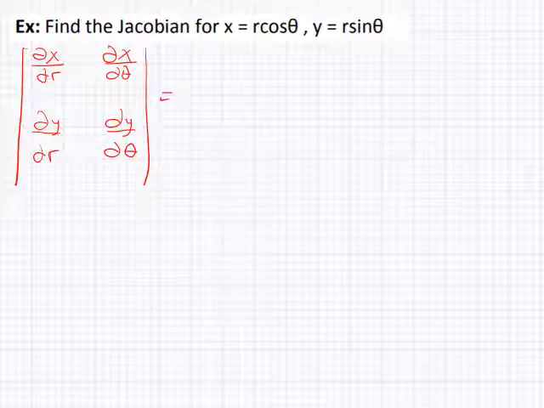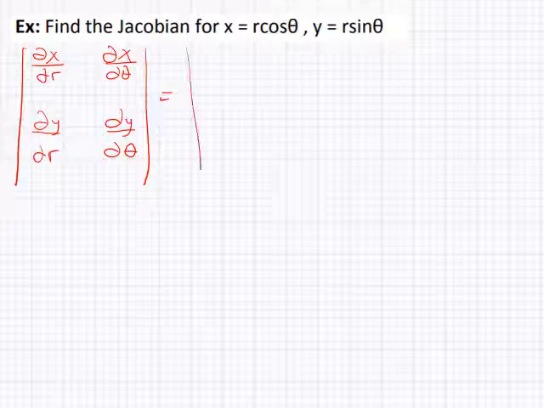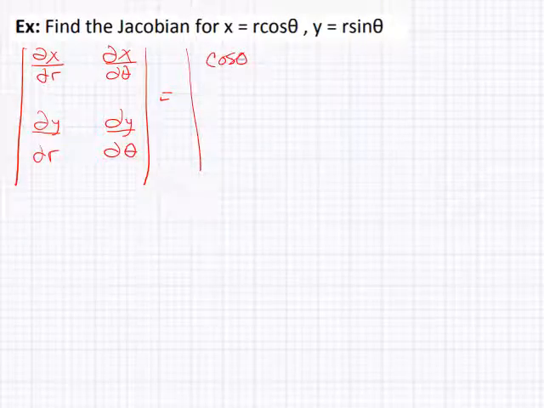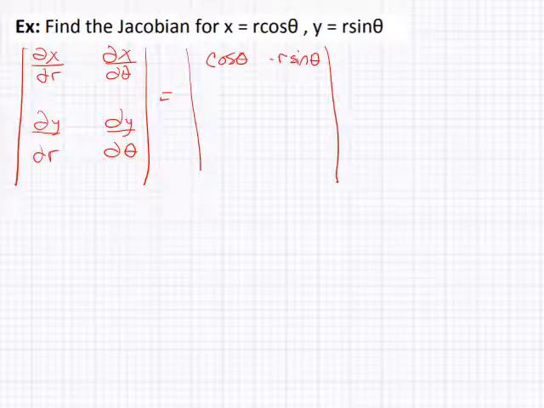And so what you end up with here is x with respect to r would be cosine theta. x with respect to theta would be minus r sine theta. y with respect to r would be sine theta. And y with respect to theta would be r cosine theta.